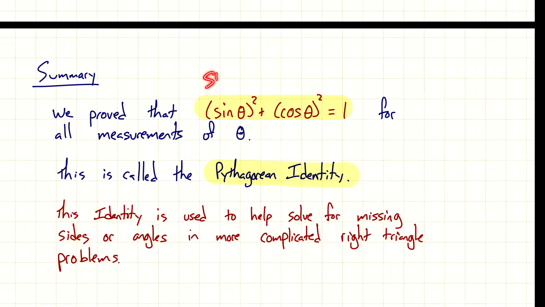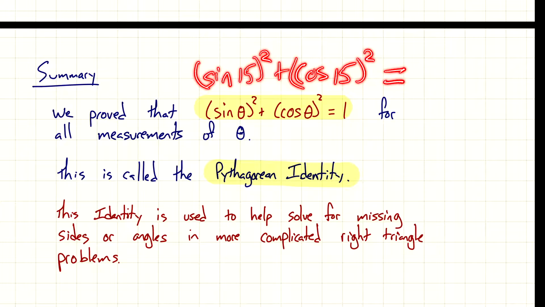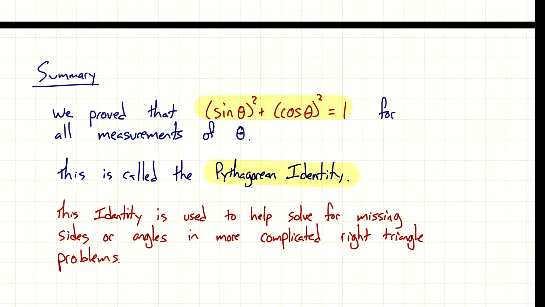So this could be sine of 15 squared plus cosine of 15 squared. And I already know what that's going to equal. It's going to equal 1. I don't even have to put it in a calculator. As soon as I see that those angles are the same, and it's a sine and cosine, and they're being squared, then I already know the answer is going to be equal to 1.